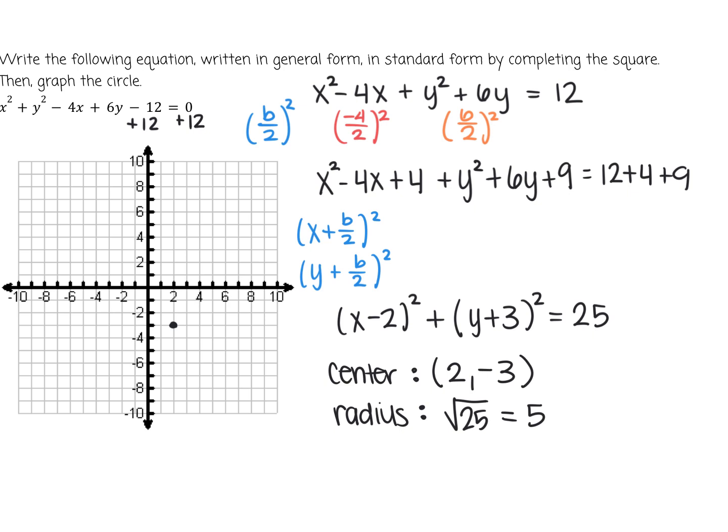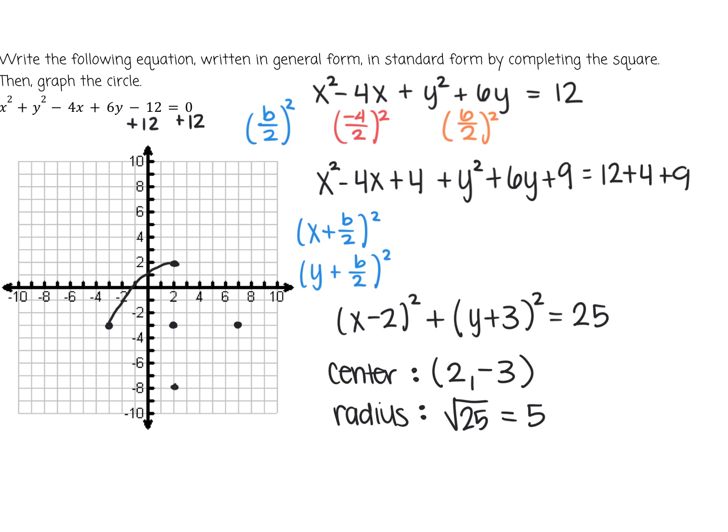And then I'm going to plot 4 points on top of that. I'm going to go up 5. I'm going to go down 5. I'm going to go left 5. And I'm going to go right 5. Because those are the easiest points to graph with my circle.